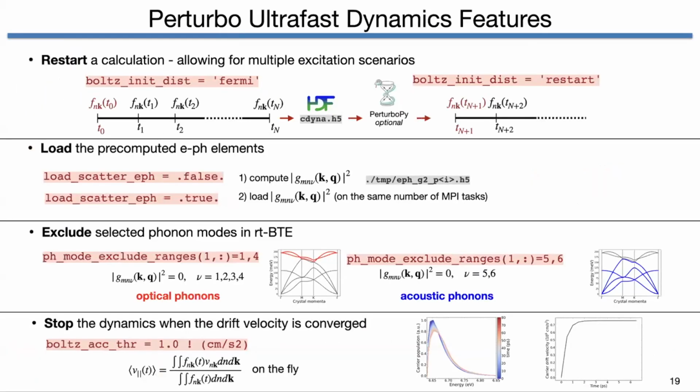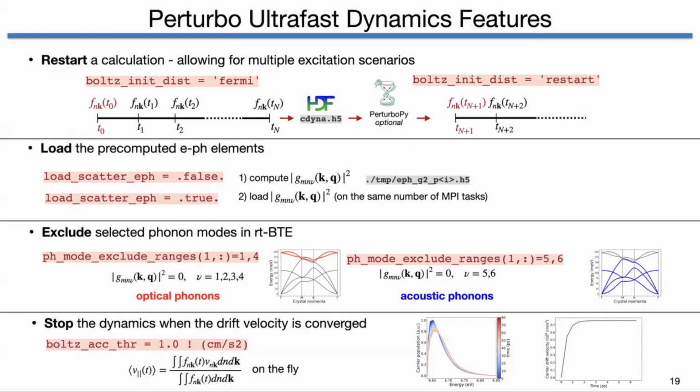Finally, I just want to highlight some of the features in Perturbo Ultrafast Dynamics. In the previous releases, we already implemented the restart function where you can pick up the last simulation and keep going. You can also load the pre-computed electron-phonon matrix elements, just like the transport calculation, where once you set it to true, using the same number of MPI tasks, you don't have to do the scattering matrix interpolation again.